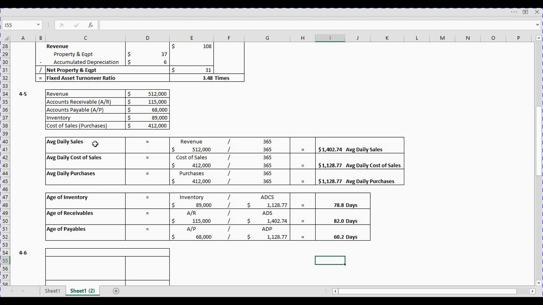And so these are average daily sales, average daily costs of sales, and average daily purchases. In our problem, costs of sales and purchases are the same. In real life, that would not be the case, because I don't know of a single business that sells exactly what it purchases. Sometimes some is remaining in inventory at the end of a period. You purchased it, but you haven't sold it yet.